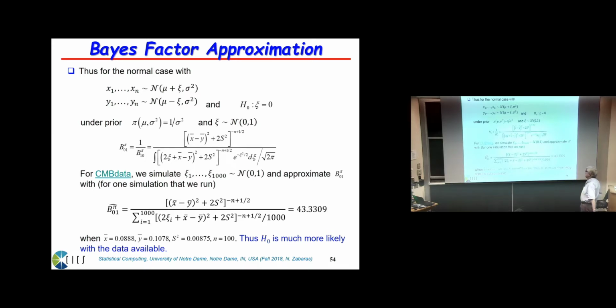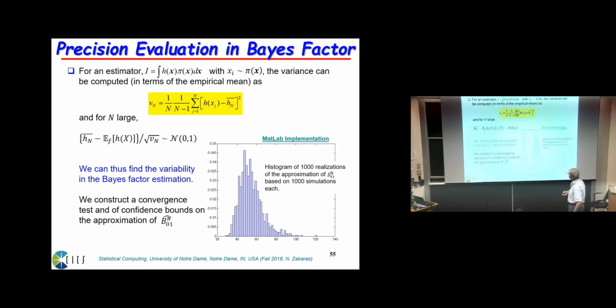But you know what else you can do? If you take n different samples, you can compute another number. Then take n more samples and compute another number. If you plot the histogram, you can get the error bars and every statistic you want on the Bayes factor itself.